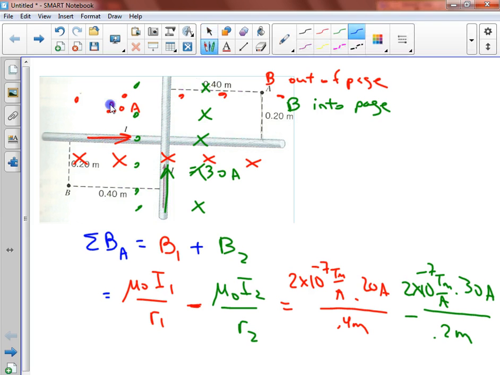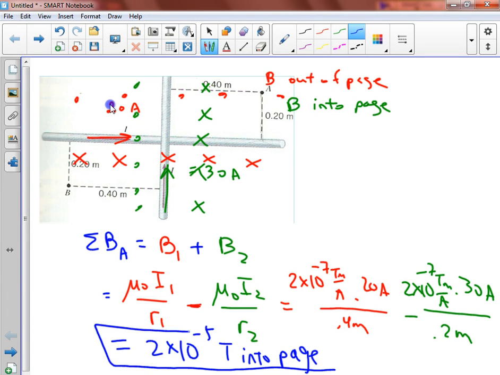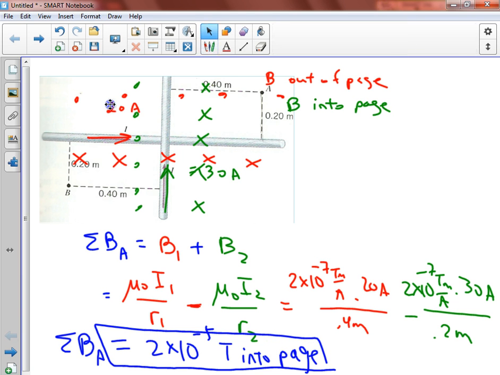And plugging that all in, I end up with a final answer of 2 times 10 to the negative 5th Teslas, and as green was stronger, into the page. Okay, so this solves for the total magnetic field at point A.